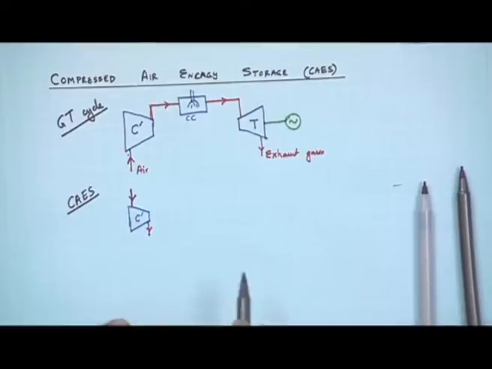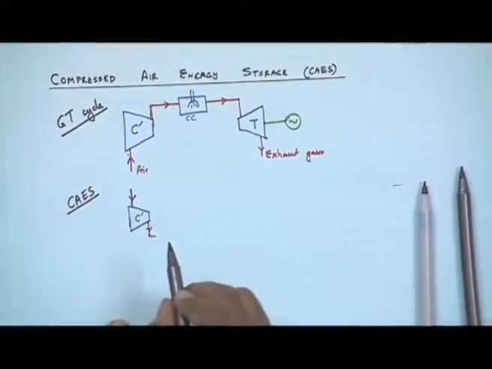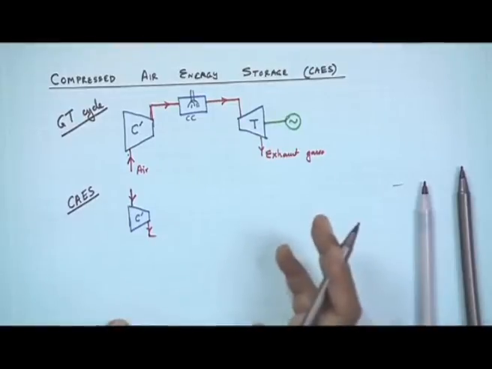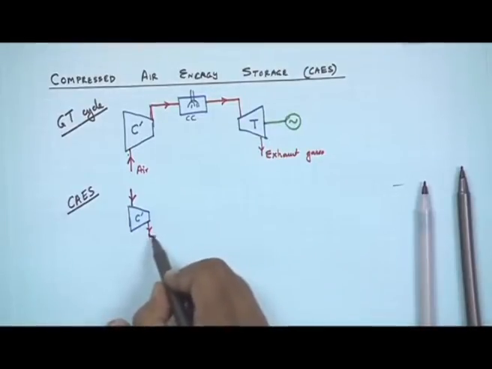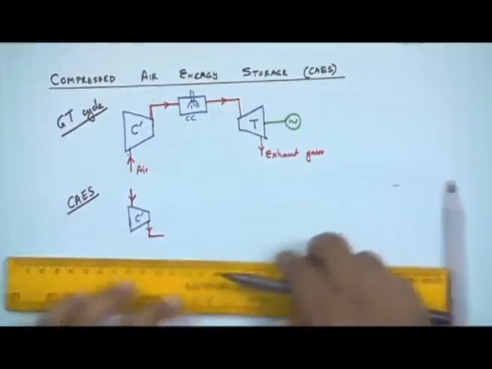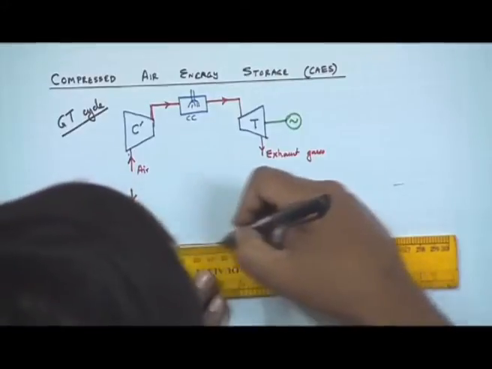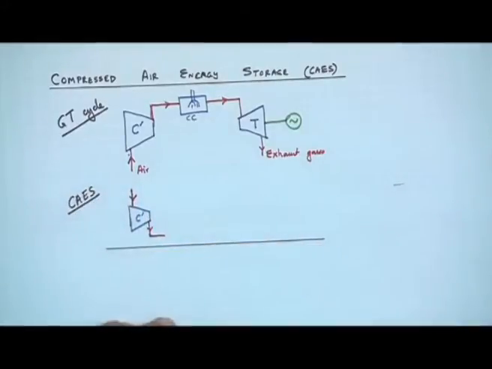But next, this one is not fed to a combustion chamber like in a gas turbine. Instead, I am going to draw something and then explain to you. Let us say this is my ground.